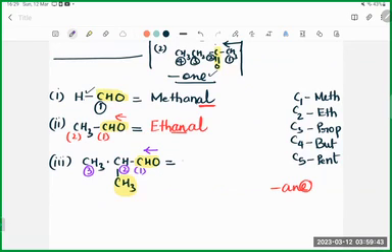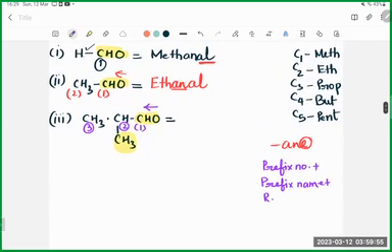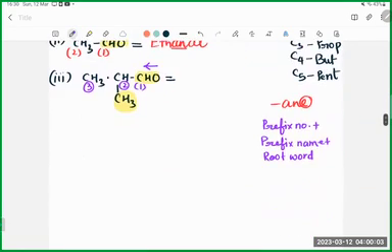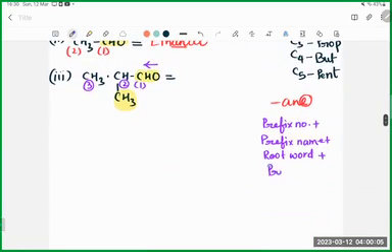Chalo, write the name. So what is the naming rule, Hridaya? Prefix number plus prefix name, plus we go to root word. Root word means number of carbon. These are the root words. Then we go with the primary suffix.